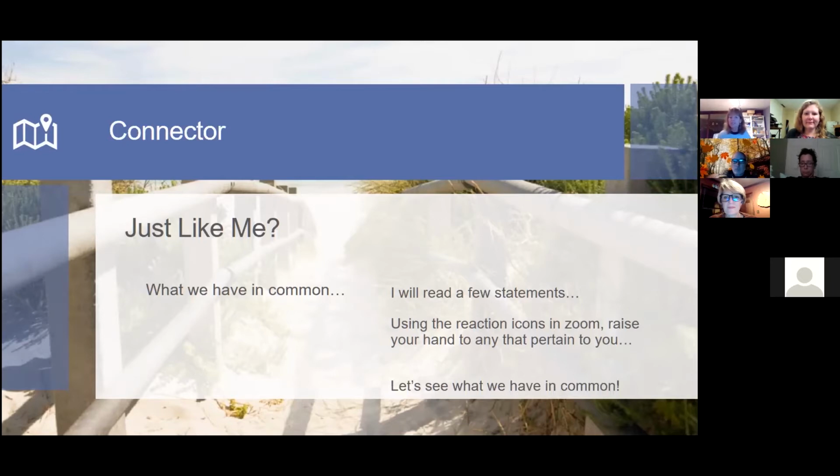And if these statements apply to you, I want you to give me a thumbs up in your reaction box, okay? Where are the reactions? I don't see my reactions. They should be at the bottom, and you may have to click the more button. Yeah. Well, I'm not seeing my reactions, but as long as you guys have them. And if you don't have your reactions, you can just do a thumbs up on the screen. So here we go. Is anybody on with us tonight that was not born in the state of Michigan?